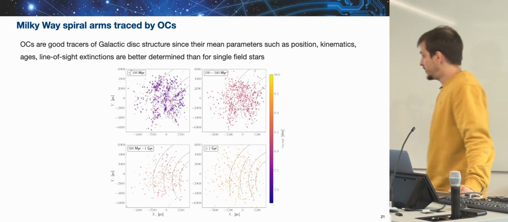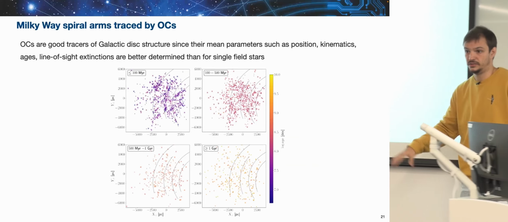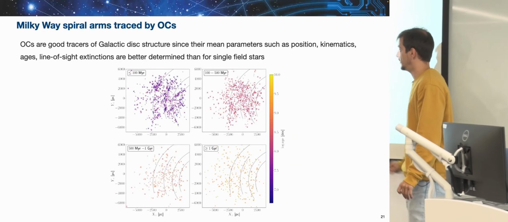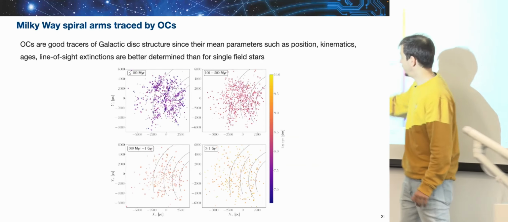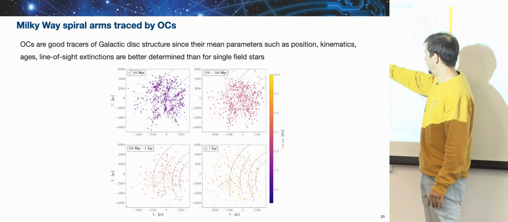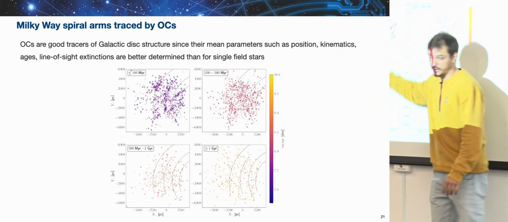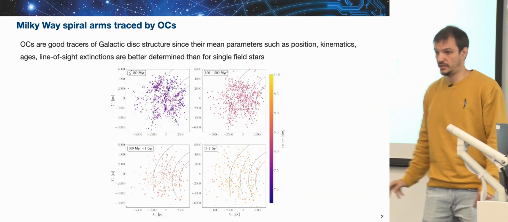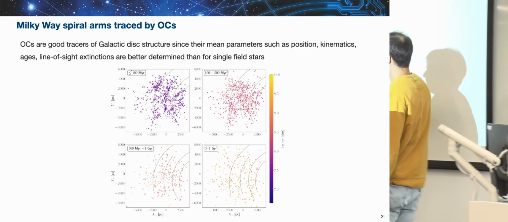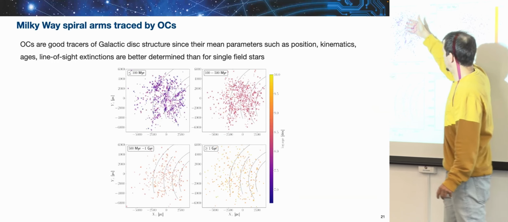Something that we can also do is to study the asymmetric components of the galactic disk using this population. We see that if we plot this XY surface plot in different age bins, for the very, very young clusters the distribution is highly structured. We actually see structure, overdensities that may correspond to the galactic spiral arms.